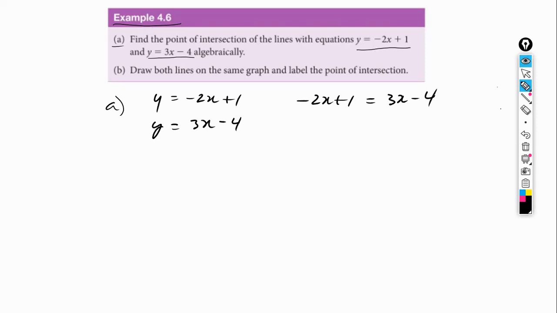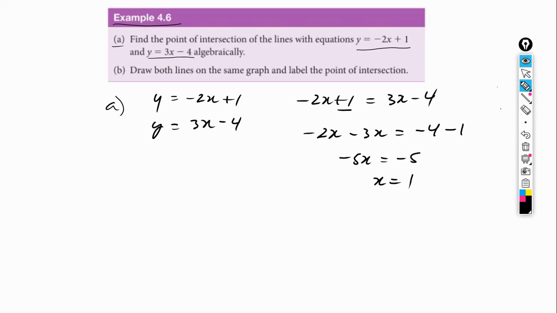So first, let's group the x's. We would say minus 2x minus 3x is equal to minus 4 minus 1. That is sending this to the other side with the opposite sign, right? So now we would have minus 5x is equal to minus 5, and then x is equal to 1. So once we have x, we can just solve for y on either one of these equations.